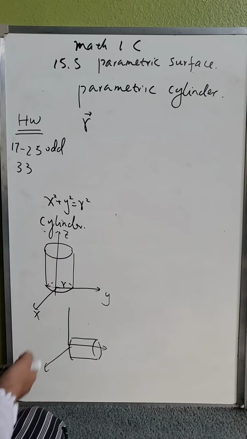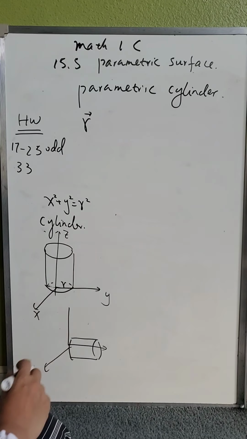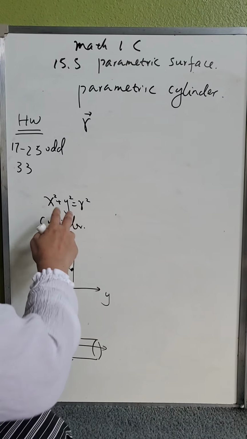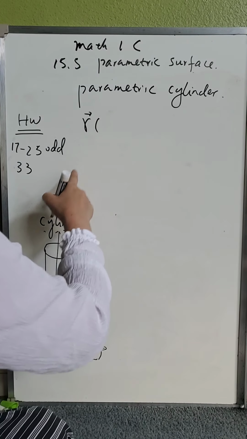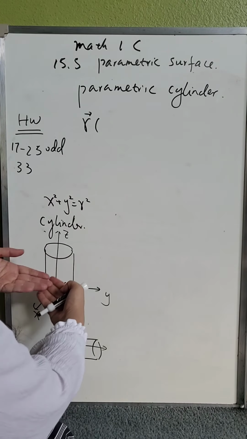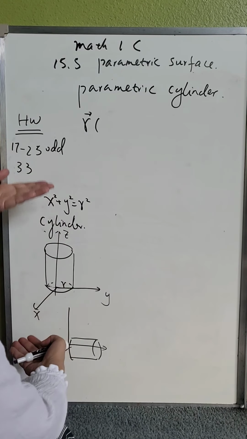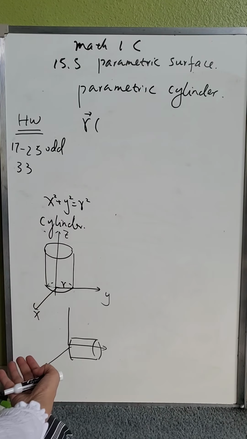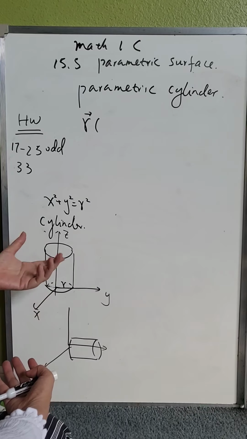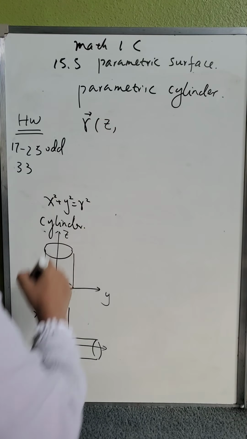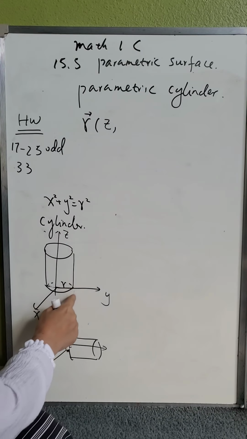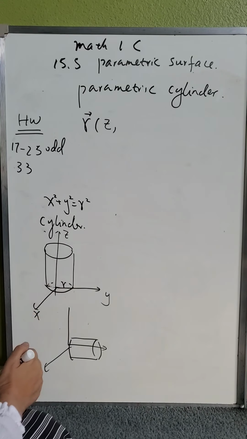So we just use one of them, and the others are the same. You can see the z is missing. When z is missing, z can go as high as you want, unless you restrict it. You can restrict it, but again, z is missing. When one variable is missing, you put it right here, and then how big your circle is depends on your theta, right?